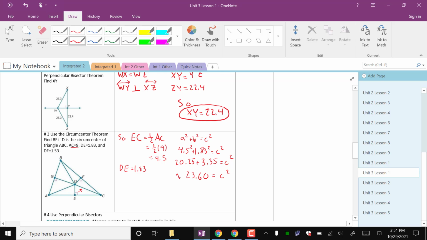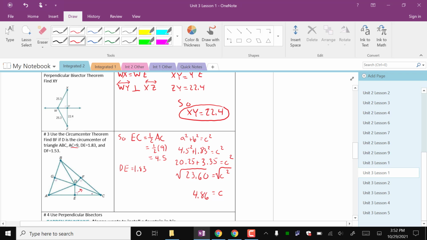Now I'm going to take the square root of both sides. When I take the square root, that undoes the square. So instead of c squared, that's just going to give me c equals. So I'm going to take the square root of 23.6, and that's going to give me 4.86. So we have that this right here is 4.86.